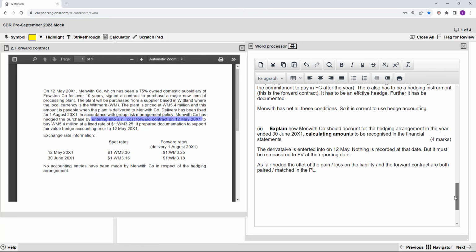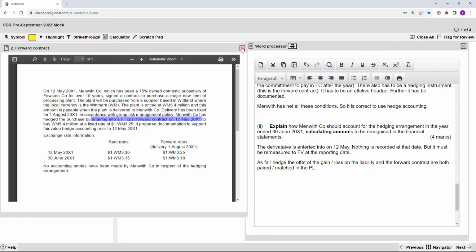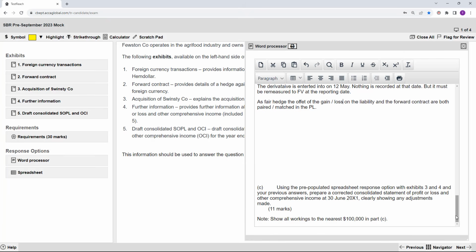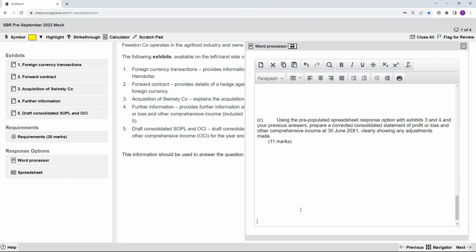All right, so what else have we got? Because we've only looked at 2 exhibits. We've got the third requirement, which is using the pre-populated spreadsheet. Have a look at exhibit 3 and 4 and prepare the consolidated statement of profit and loss account and other comprehensive adjustments made.